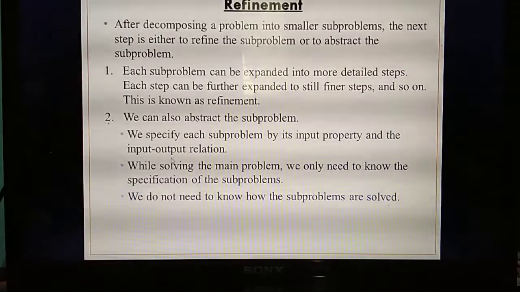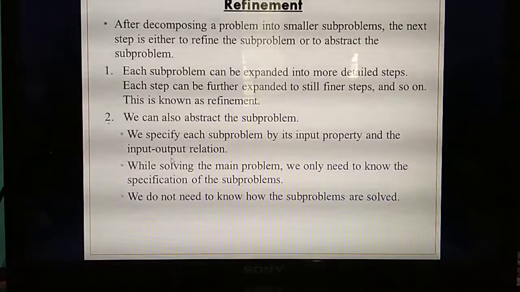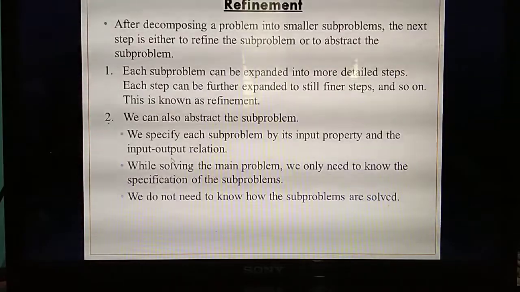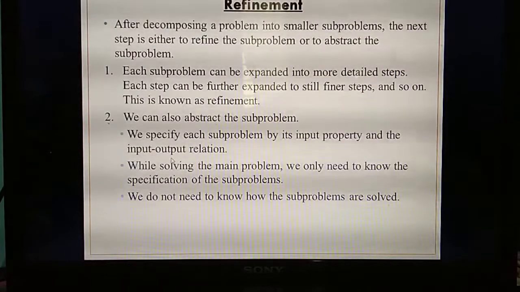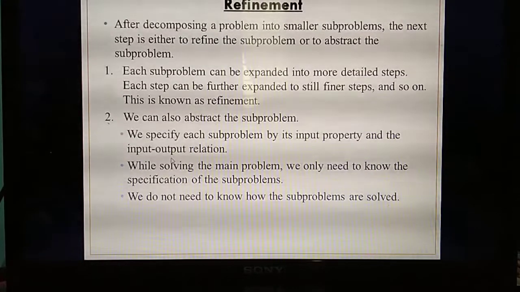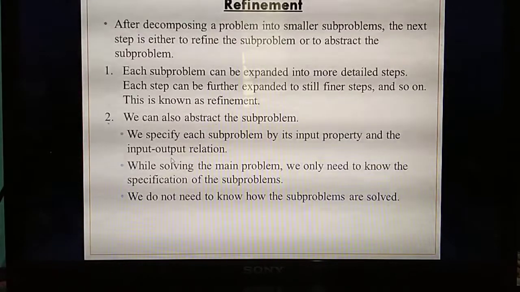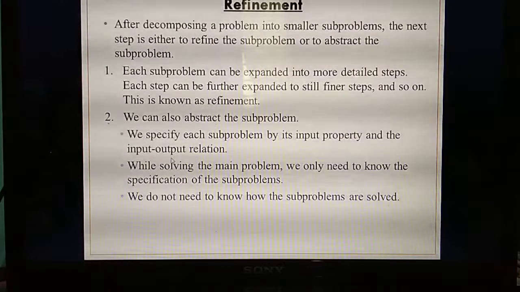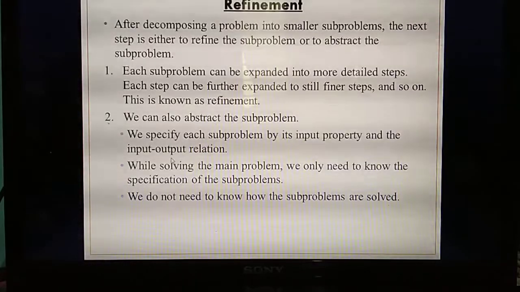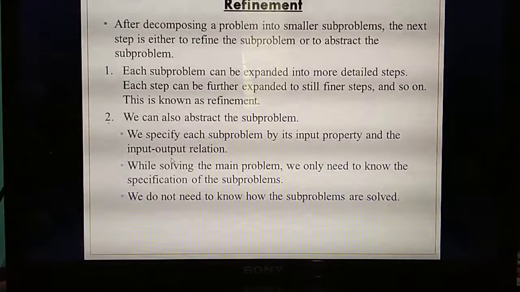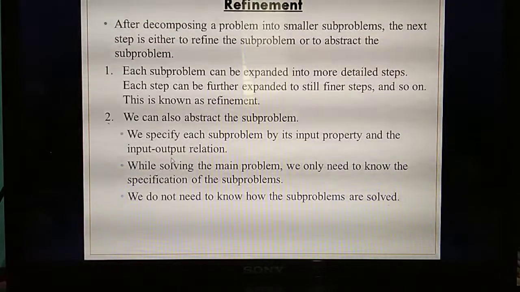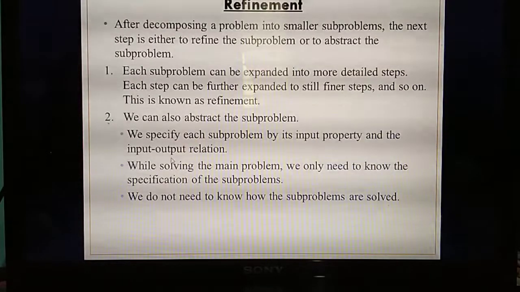Already we have studied the specification of a problem. What are the things you can write in a specification? Name of the algorithm, input, output, then property of the input, and input and output relation. Likewise, if you write that, the whole problem's answer you can finish, isn't it? Likewise, like the same specification step, there is no need to solve each sub problem, but to solve the main problem you need to know the specification of all the sub problems.